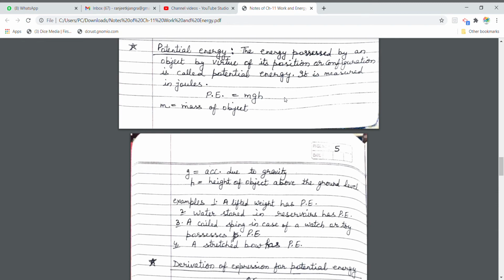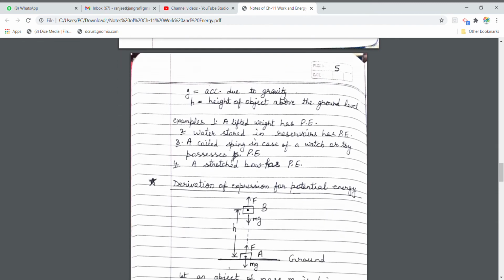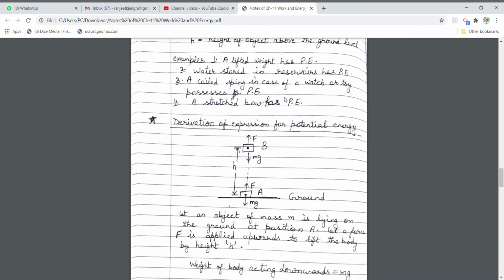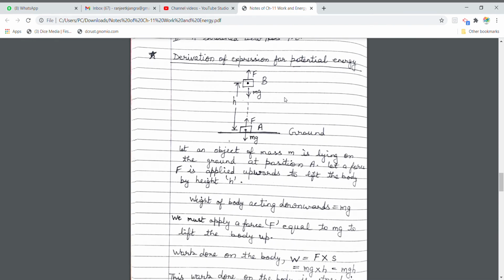For deriving this formula, let us consider this diagram. What is shown in this diagram? There is an object whose weight is mg. It is lying on the ground, and force F is applied on it in order to lift the object up, and due to that force the object is displaced by a height of h.